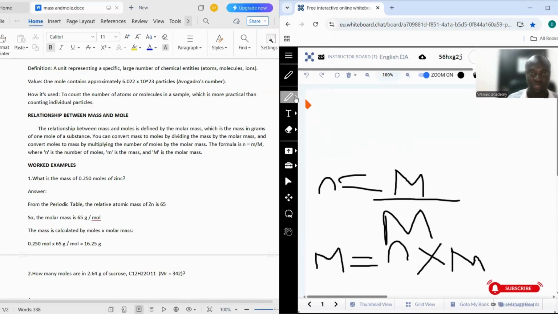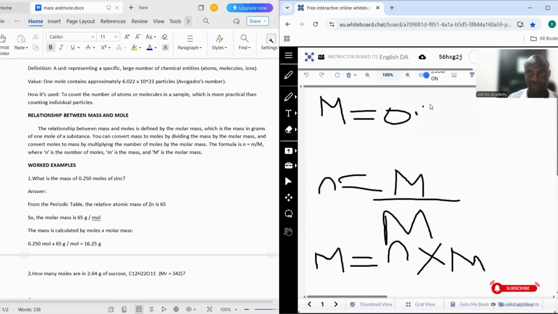All right, so let's substitute the values. Mass, small letter m, equals mole, which was given as 0.250, times the molar mass, which is 65.